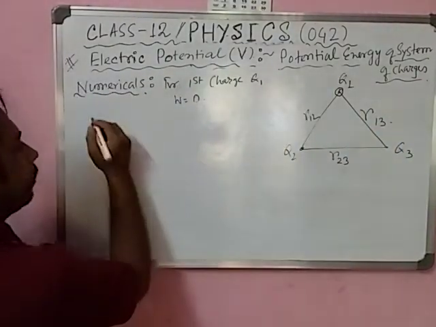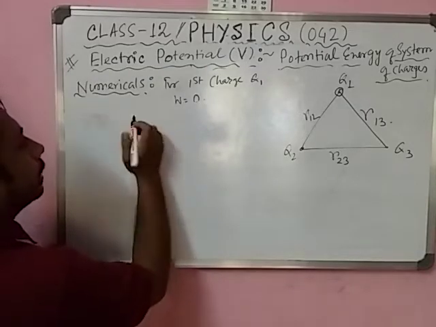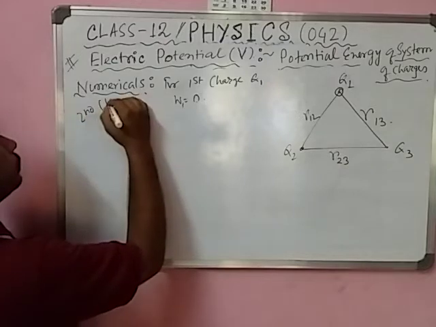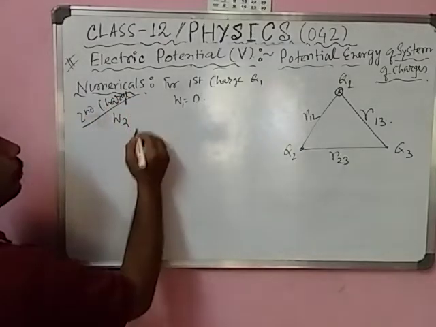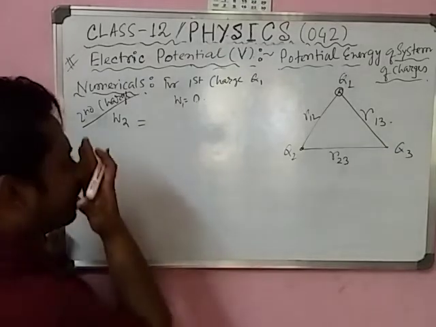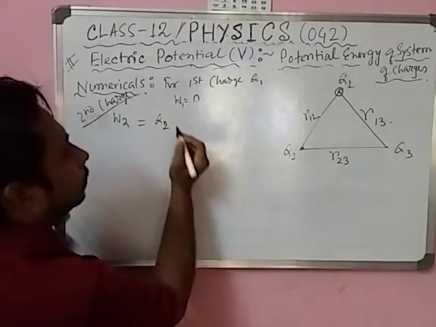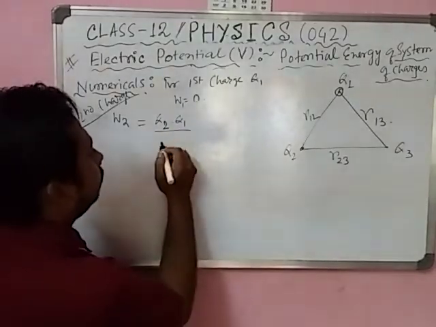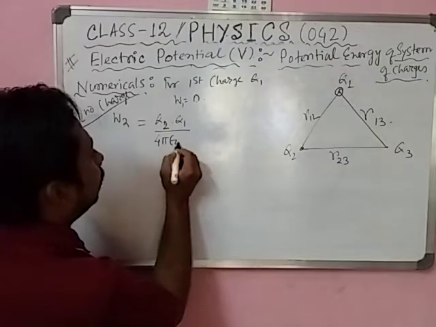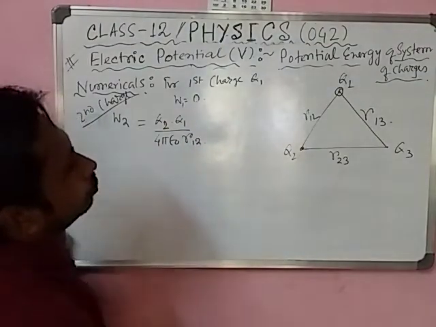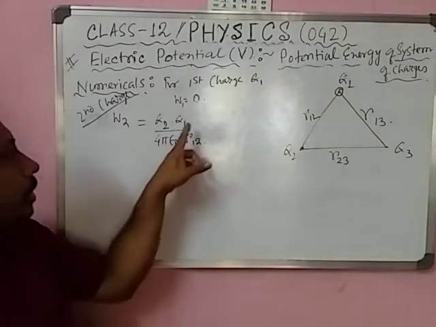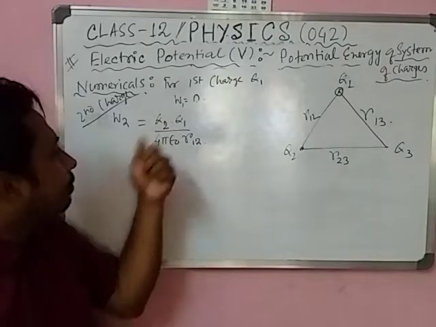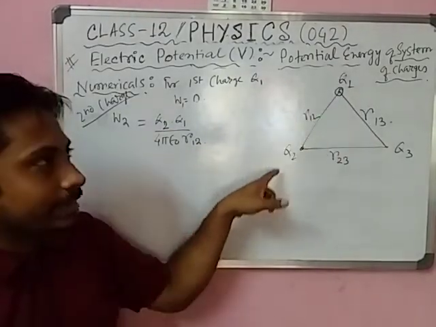For that you can write potential energy U, or work done, W1 for the first charge, W2 for the second charge. W2 is equal to Q2 into Q1 by 4 pi epsilon naught R12. Am I right student? See, Q1 by 4 pi epsilon naught R12 is called potential, and multiplied by Q2, you will get the energy.